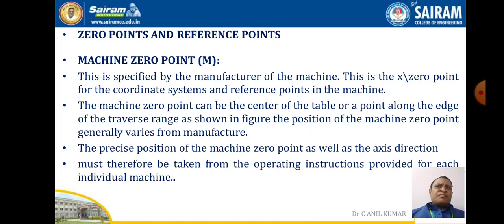The machine 0 point can be the center of the table or a point along the edges of the traverse range, as shown in the figure. The precise position of the machine 0 point may be at the center of the table itself. Depending upon the type of machine, the machine 0 point will also vary.